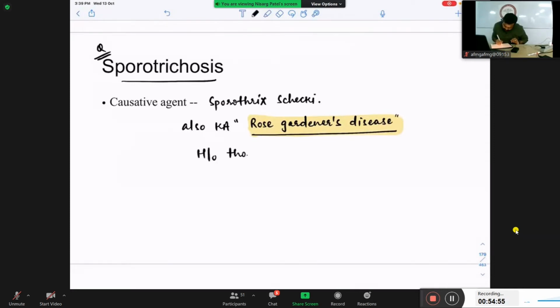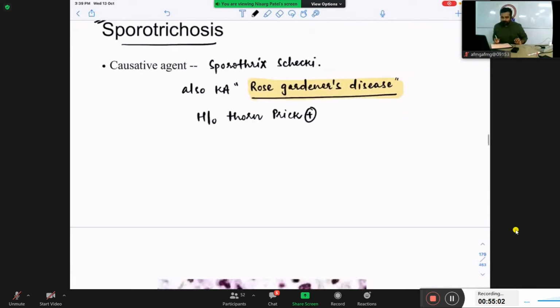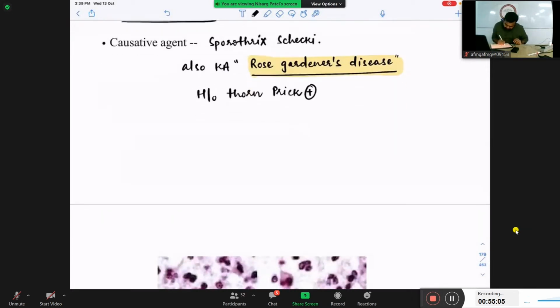So a history of trauma or the profession will be present. The patient has ulcerating nodules plus discharging sinus.